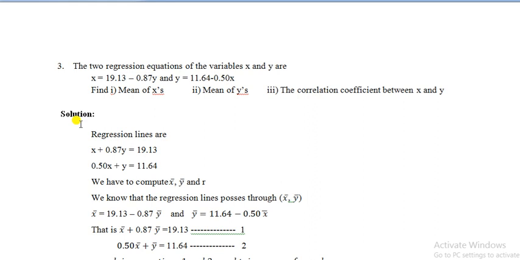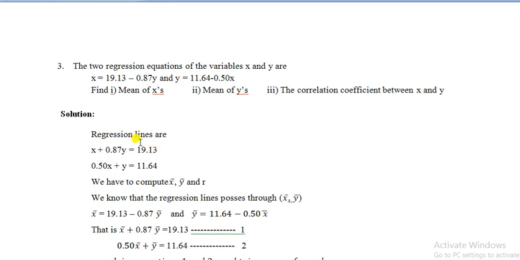Now the solution. The regression lines are, so we rewrite the given equations. Shift this 0.87y to the left hand side, so it takes the form x plus 0.87y equal to 19.13. And in the second equation, shift this minus 0.50x to the left hand side, so 0.50x plus y is equal to 11.64.